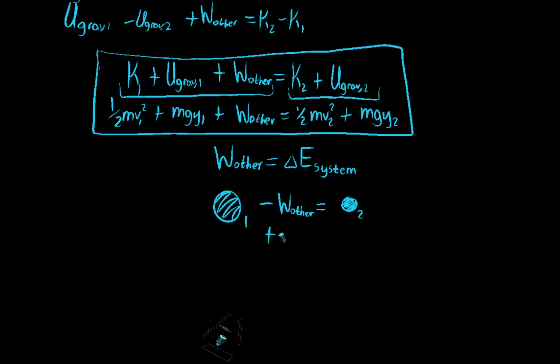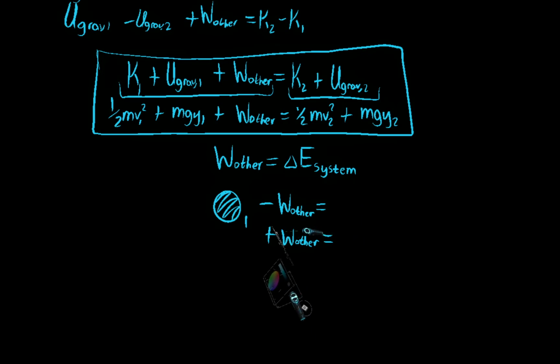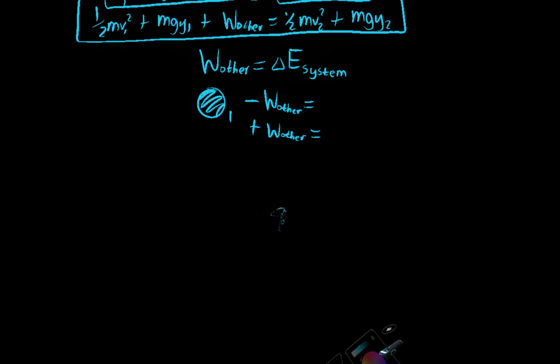Or if it's plus work other, so somebody pushing it or something, then you have some greater total mechanical energy of the system. Maybe that helps, maybe it doesn't. So if work other is positive, E increases. If work other is negative, E decreases. If work other is 0, then the total mechanical energy of the system is constant. And we're back to our earlier equation, like I had said.